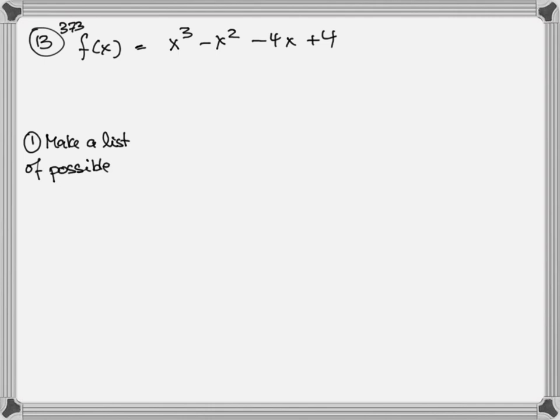P over Q. What is our P here? And Q is 1. So plus minus 1, 2, and 4. That is my list of possible zeros. 2, 4, 6 of them.